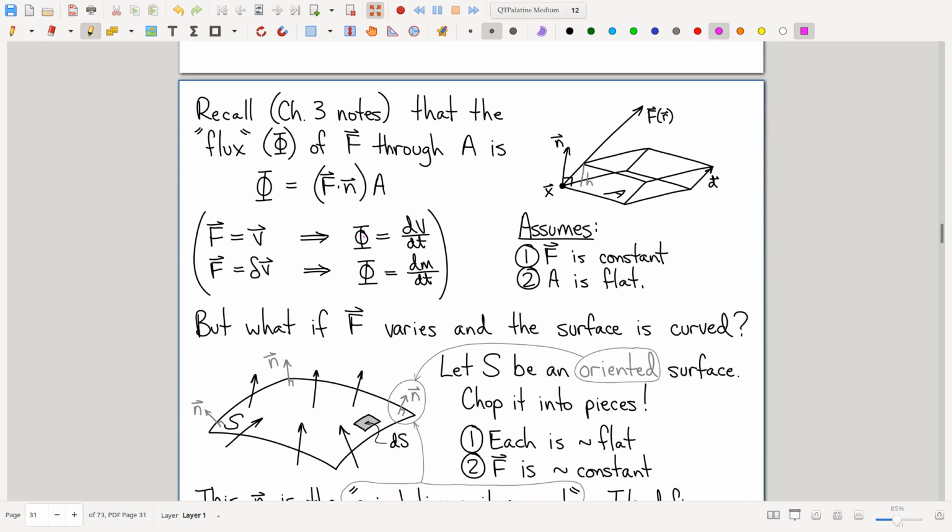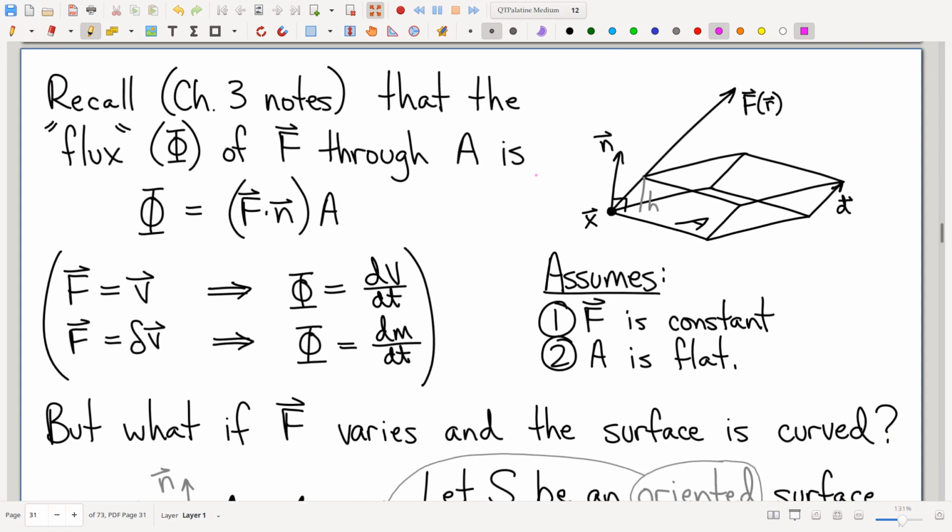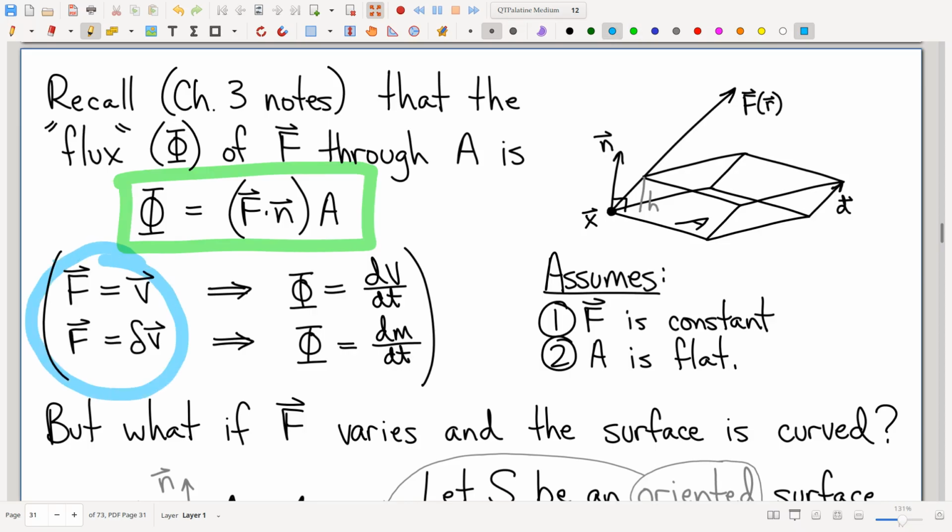Okay, so new example. How are we going to generalize the idea of flux? Now let me remind you what we know so far about flux. There's our formula for it. The idea is that if the vector field in some appropriate sense represents how fluid is flowing, then flux in some correspondingly appropriate sense tells you the flow rate.